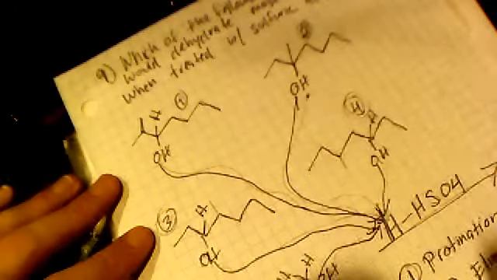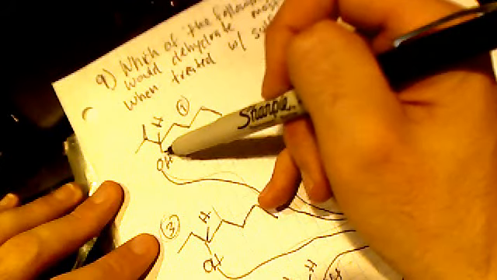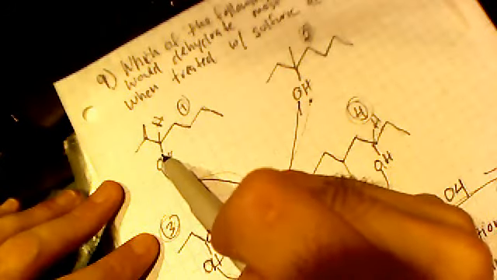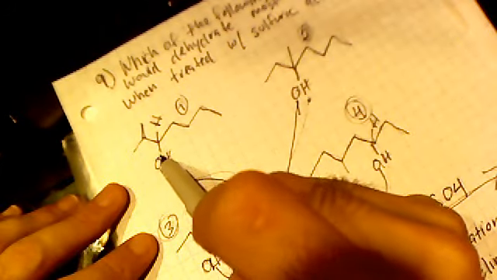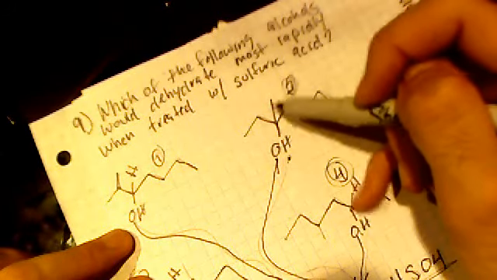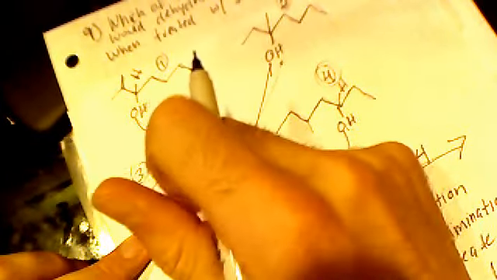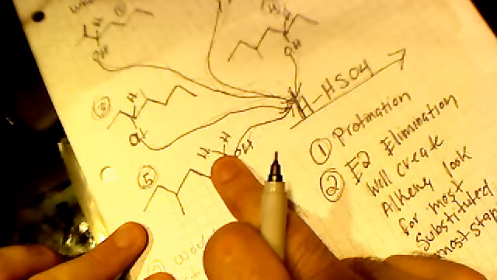Now, out of all of them, if you look at the difference between all of them, this hydroxyl group is connected to an H. This hydroxyl is connected to a methyl, and this is a hydroxyl with an H, an H, 2 H's.